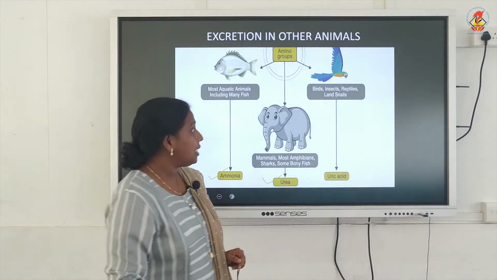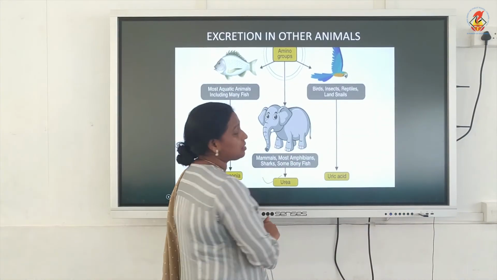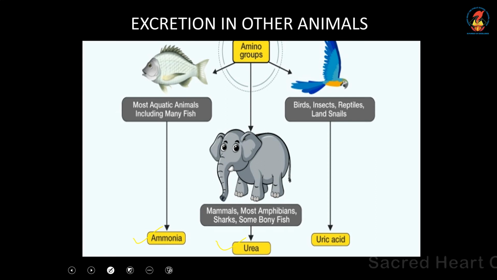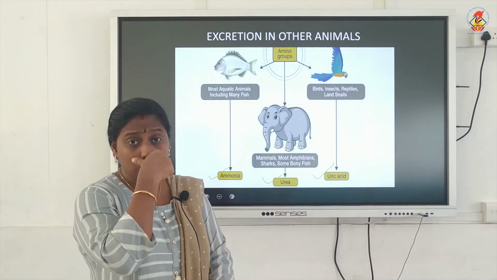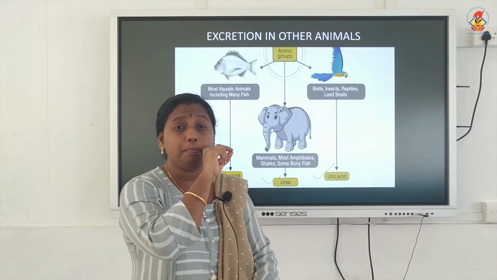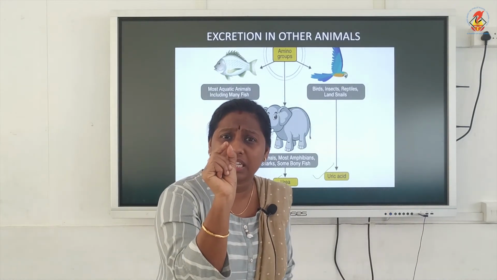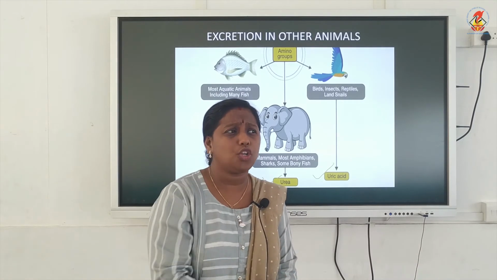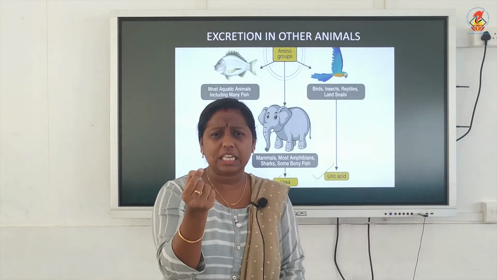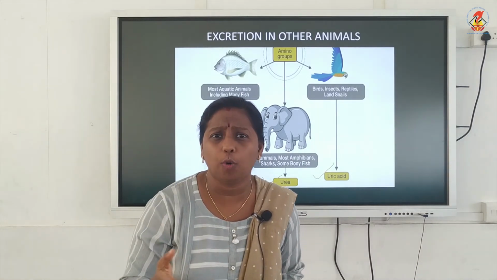Then the third group of organisms, mainly birds, insects, reptiles, for example lizard, snake and all, will excrete uric acid as an excretory product. Uric acid requires a minimum amount of water for its excretion. Uric acid is actually in the form of a crystal. It's white colored. You might have seen the excretory waste of a lizard at home, isn't it?